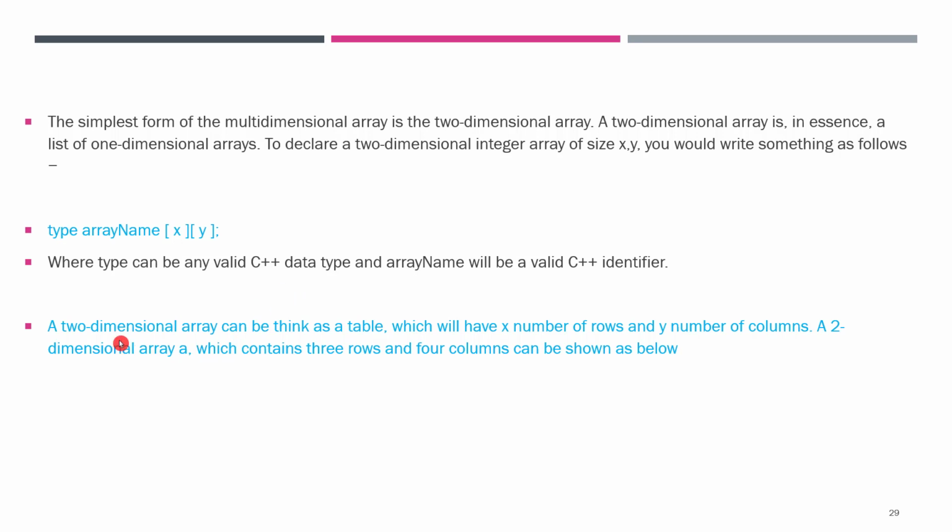A two-dimensional array can be thought of as a table which has x number of rows and y number of columns. A two-dimensional array which contains 3 rows and 4 columns can be shown as below.